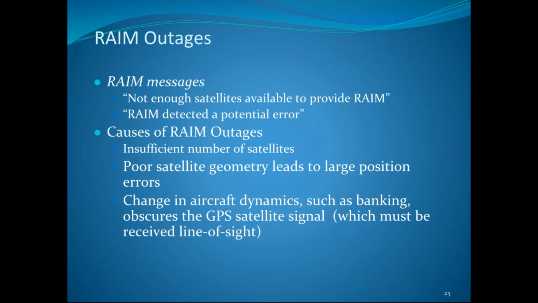A couple different ways to fail a RAIM check, but these are our most common causes of that. The other thing that I can think of causing a RAIM outage is something I saw today.